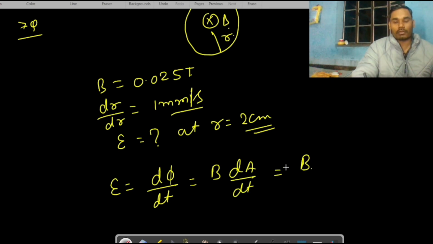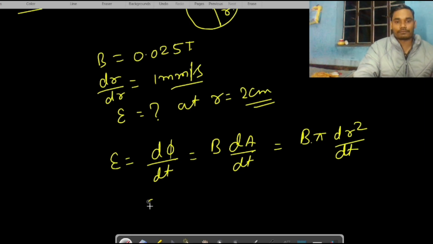Now the area of this loop is pi r square. From pi r square we can take out pi, so there will be d r square by dt. Now the differentiation of r square will be 2r dr upon dt.